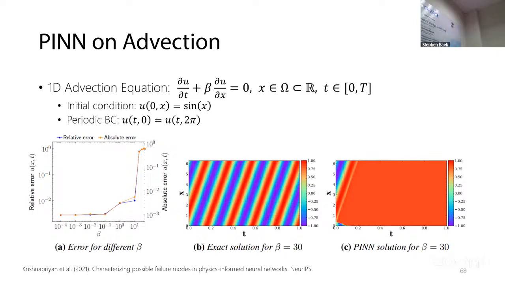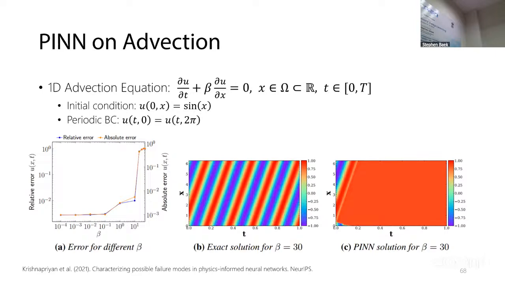So if the neural network was perfectly accurate, then it should be able to produce this result. Notice that beta, the advection coefficient, or simply speaking the speed of translation, is relatively high.